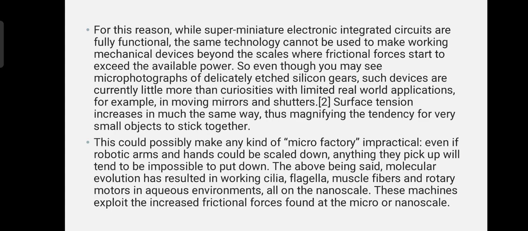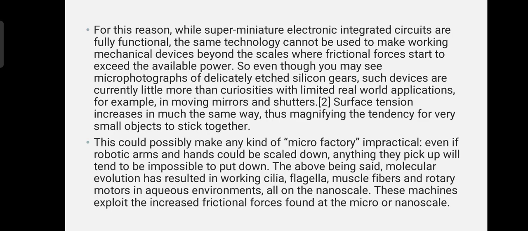Even if robotic arms and hands could be scaled down, anything they pick up will tend to be impossible to put down. That being said, molecular evolution has resulted in working cilia, flagella, muscle fibers, and rotary motors in aqueous environments, all on the nanoscale.